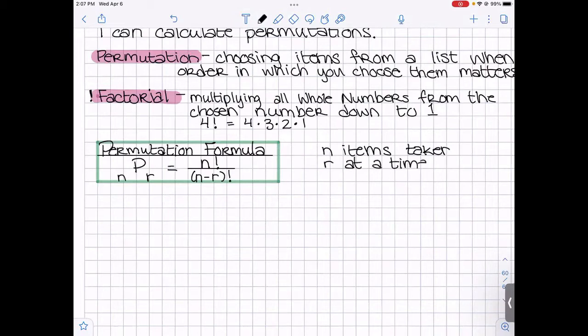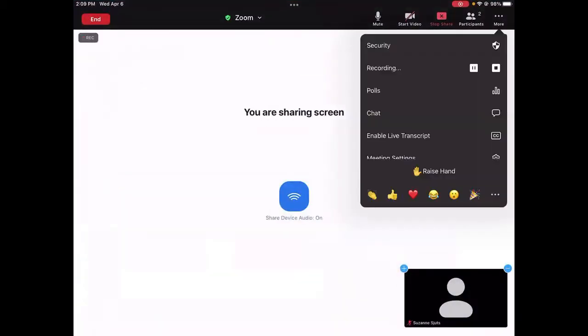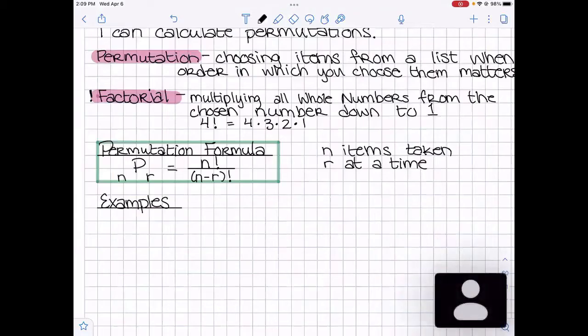So n is the total number of choices, r is the number of items you're going to pick.